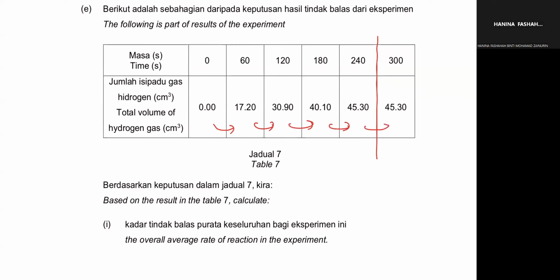After that you see they stop increasing from 240 to 300, so they stop there. So remember, after that means the reaction is finished, so here is useless. Doesn't matter if you want 1,000 or 10,000 seconds, they still have 45.30 cm3 hydrogen gas.